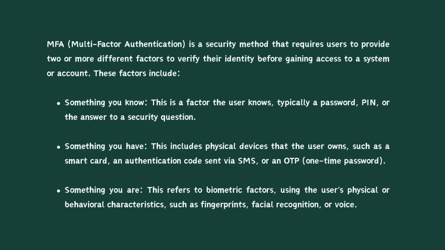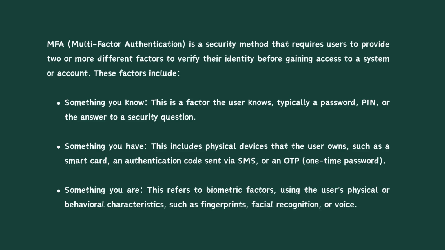MFA, multi-factor authentication, is a security method that requires users to provide 2 or more different factors to verify their identity before gaining access to a system or account. These factors include something you know, typically a password, PIN, or the answer to a security question.